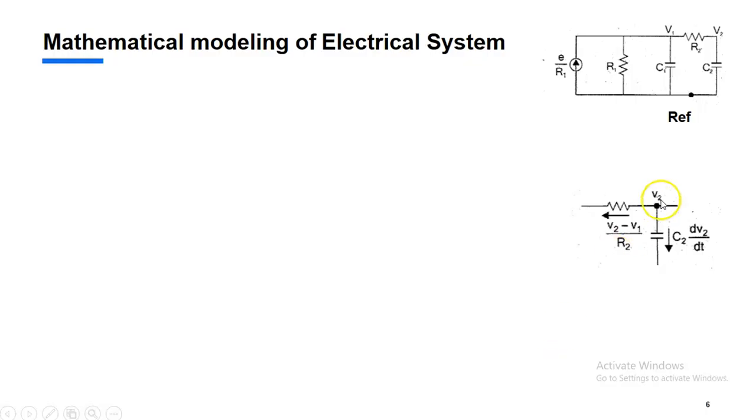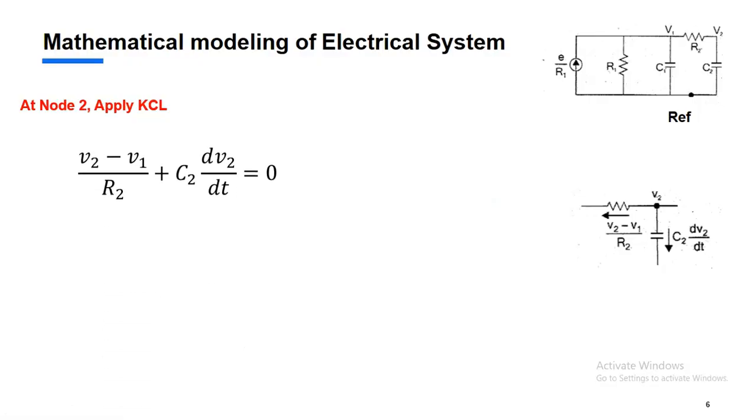And here I am representing node 2 and the associated connections. We don't have any current source here. We are going to apply the KCL at node 2. Incoming current is 0, whereas outgoing current is V2 minus V1 by R2.